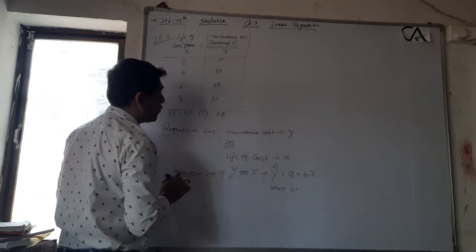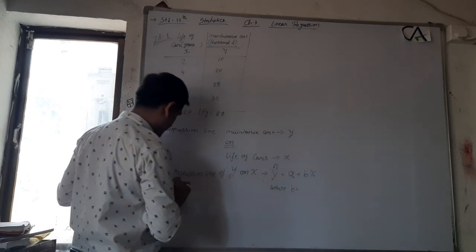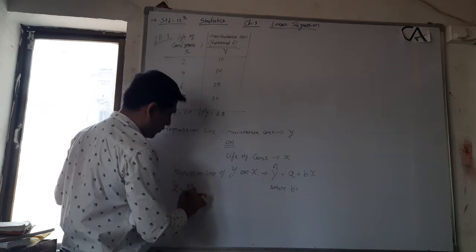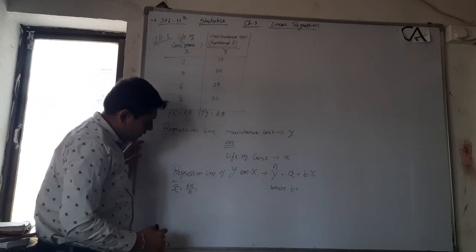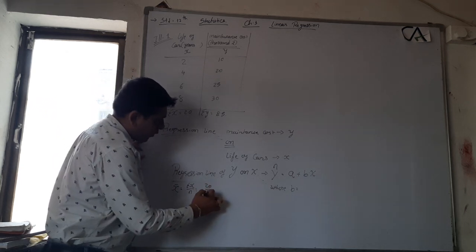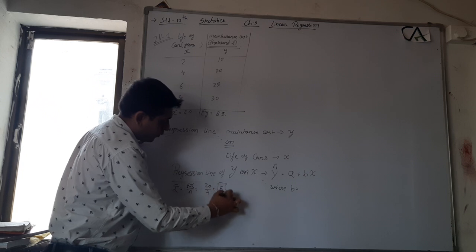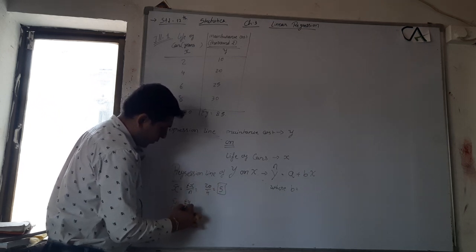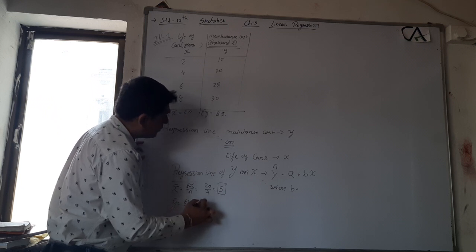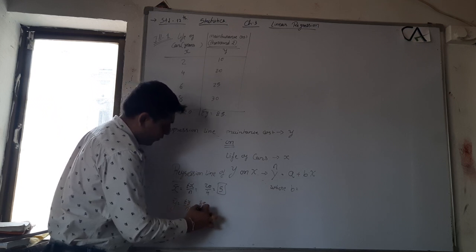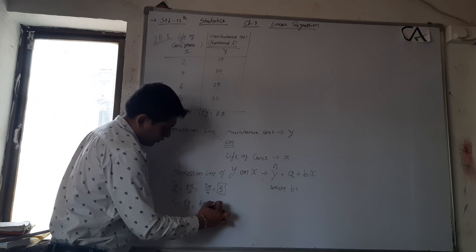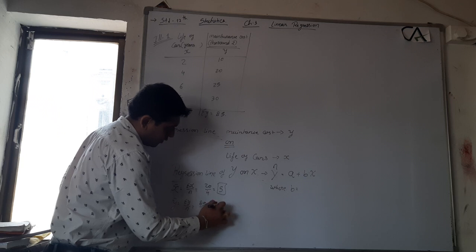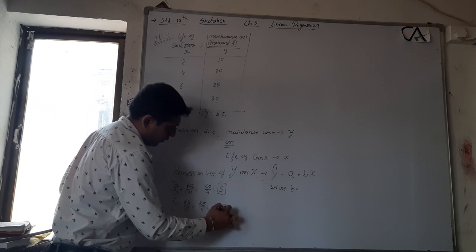We have to find out first of all x bar and y bar. X bar is equal to sigma x upon n, that is 20 upon 4, that is 5, and y bar is equal to sigma y upon n, that is 85 upon 4, 21.25.